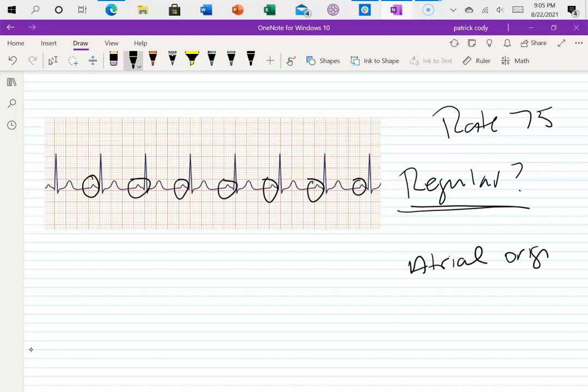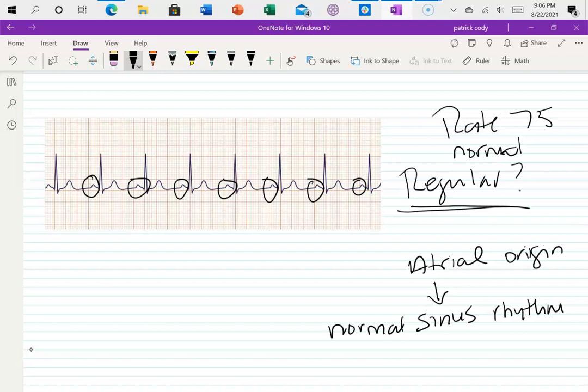Okay, it's kind of difficult to say for sure that this is coming from the sinus node versus some other part of the atria, but we're going to assume that if it's regular and has a normal rate and it's atrial in origin, it comes from the sinus, and we're going to call this sinus rhythm because we think it comes from the sinus. And remember, I told you the rate was boring, old vanilla ice cream normal. So we're going to call this normal sinus rhythm.